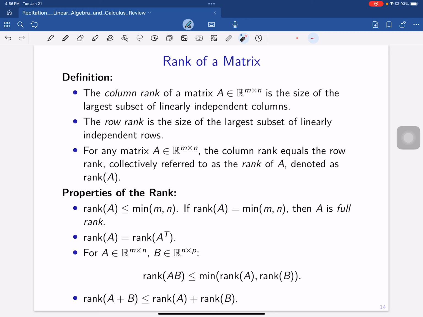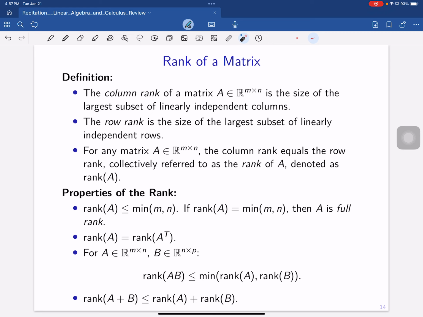Since you know the column rank and row rank are equal, some properties hold. Of course, the rank should be less than or equal to m and n, because m and n are the largest number of columns and rows you have. Since the rank is equal to the column rank and also equal to the row rank, it cannot be bigger than the number of columns or the number of rows.